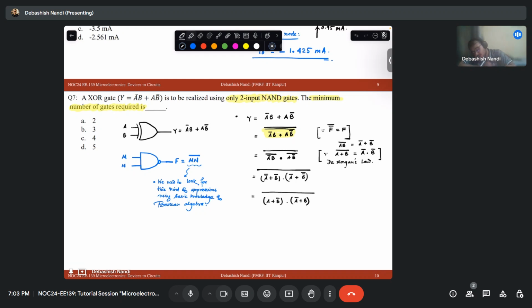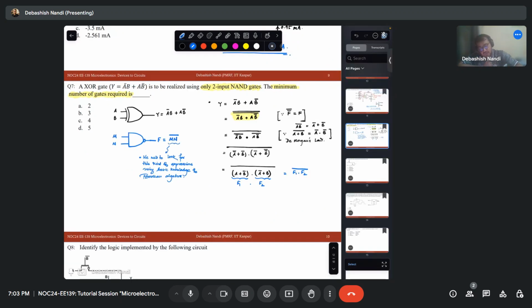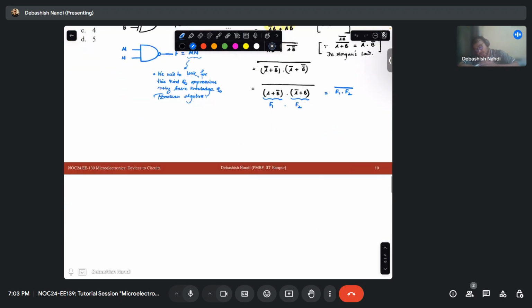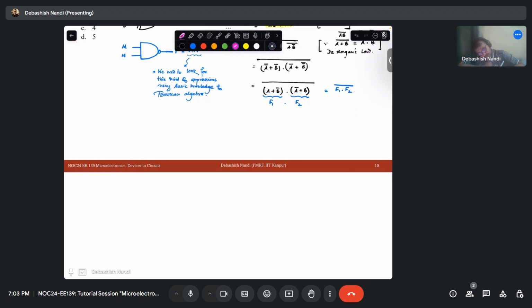Fine. So you see the form of this, F1, F2 bar. So we have found out our two input NAND gate. Fine. So we'll just keep making the circuit in parallel. So this will be our Y, that is A bar B plus A B bar.